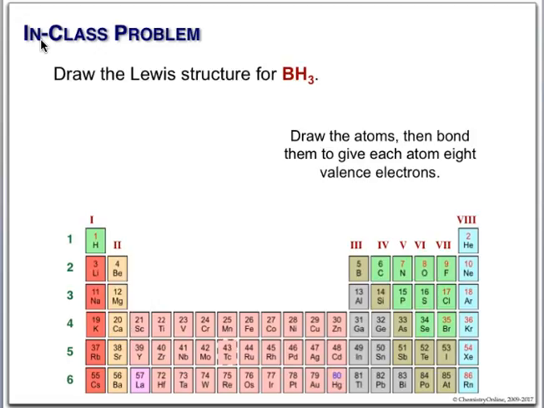So to draw our structure, we put a B, and we put 3 dots around it. 3 separate dots, right? We have 3 hydrogens. They each have 1 little dot associated with them. And you would get, here's our boron with its 3, and 3 hydrogens.